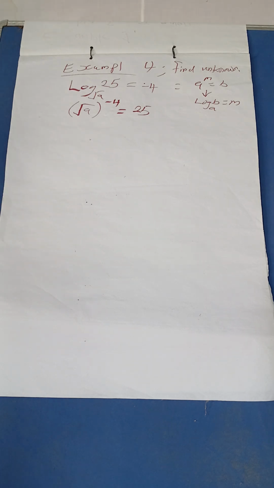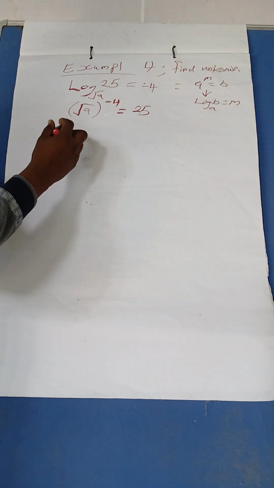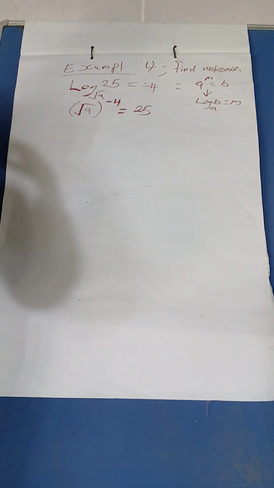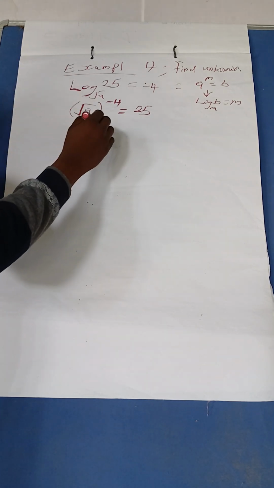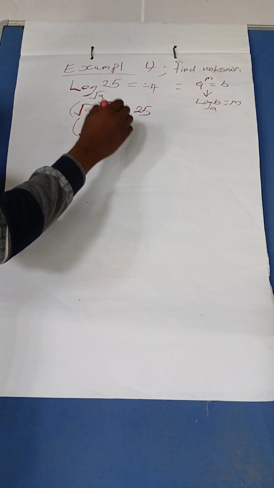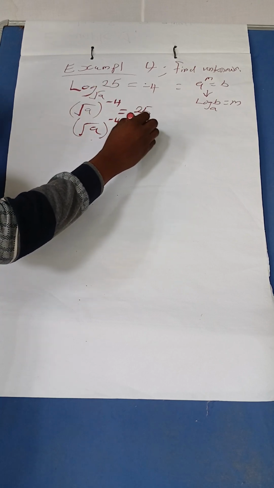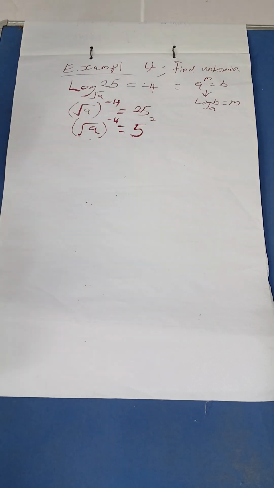Next, I will put 25 to power, I will square it. Now it will be root a to power negative 4 is equals to 5 power 2. Meaning my aim here is to make sure that the powers are the same. And how do we make powers the same?